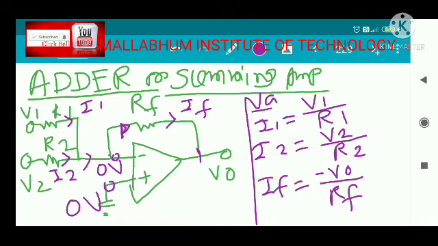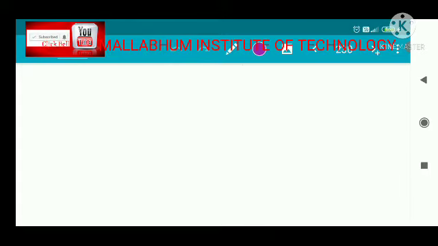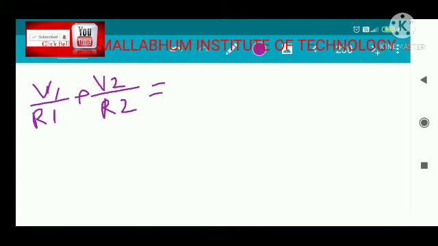This is a clear thing. That means KCL: whatever current is entering at this node is flowing out as IF. So I1 plus I2 equal to IF. So V1 divided by R1 plus V2 divided by R2 equal to minus V0 divided by RF.